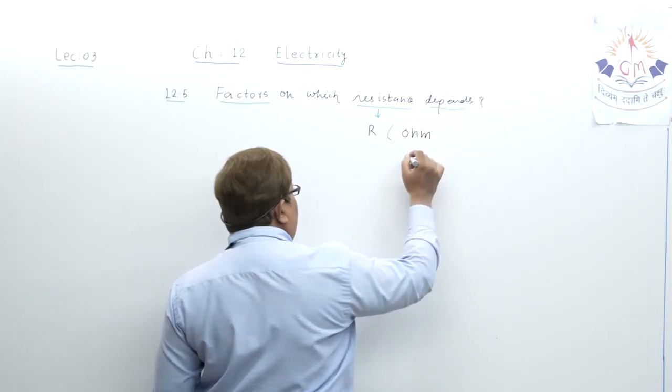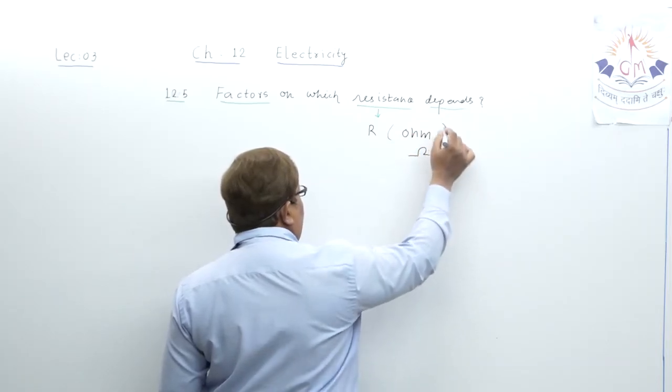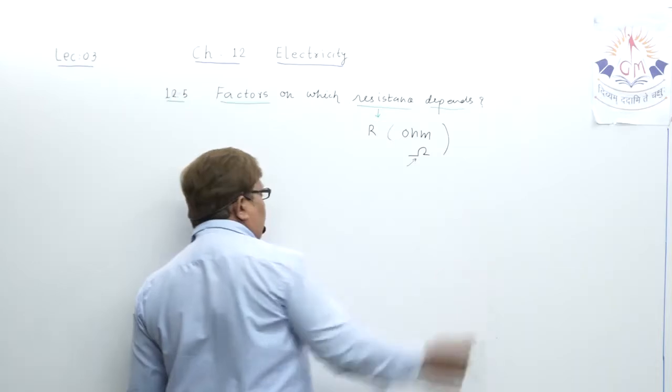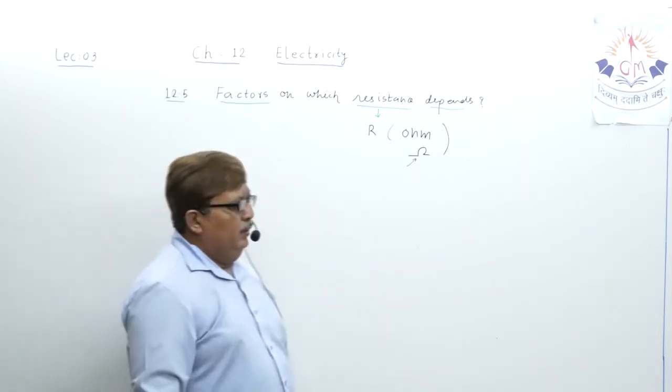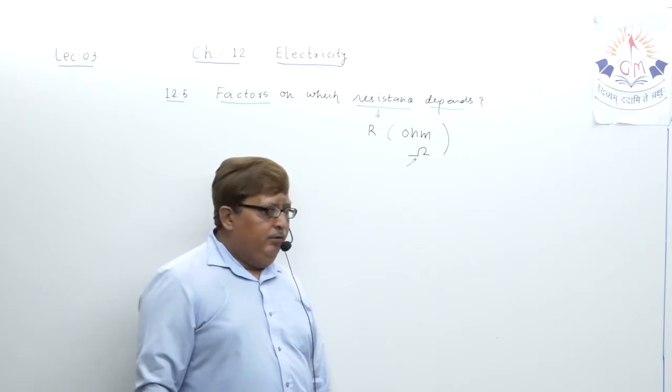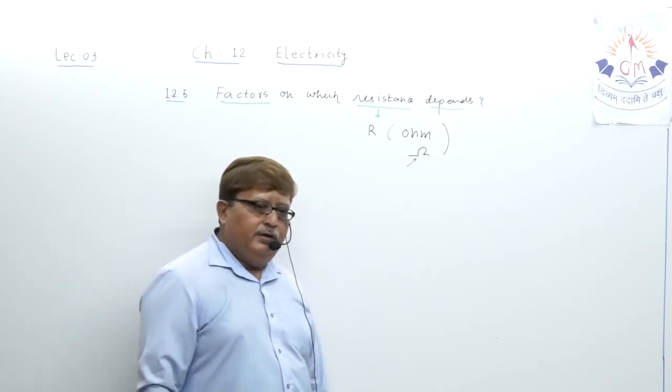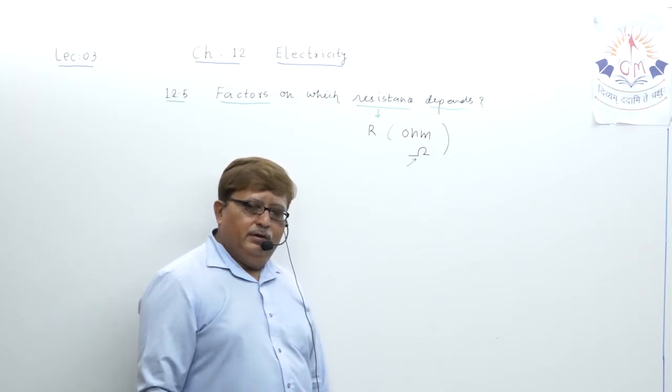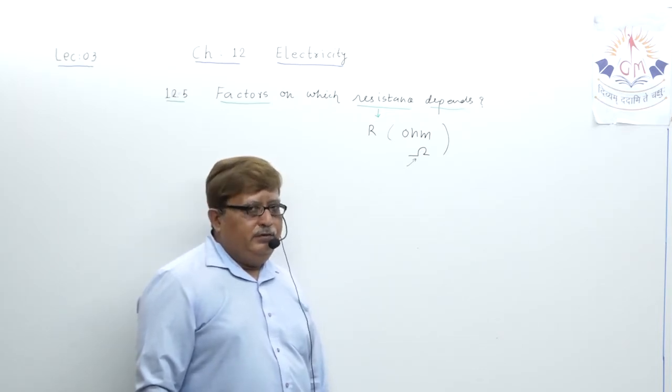Either you write OHM or you write it symbolically this way. This is the symbol of ohm. Understand? So resistance is measured by the unit ohm. Okay, my dear student, is it clear in your mind? Right? Resistance means this only.